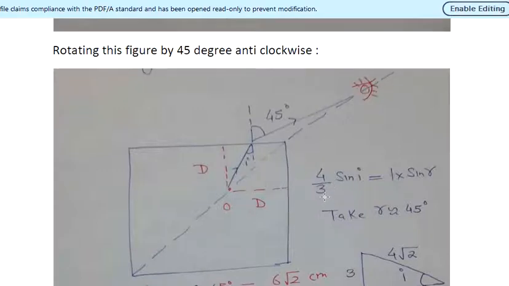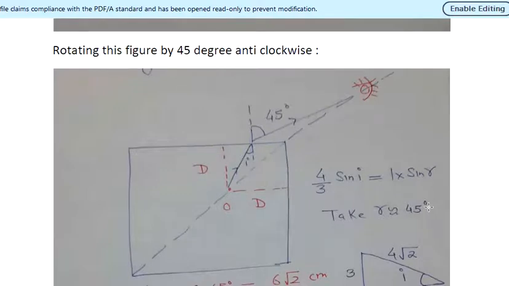We will have the relation 4/3 sin i is 1 into sin r. So a number of values of i and r are possible for which after refraction the rays will reach the observer. However, I will consider a case where the rays after refraction are approximately parallel to the line of sight. So we will take r as approximately 45 degree.